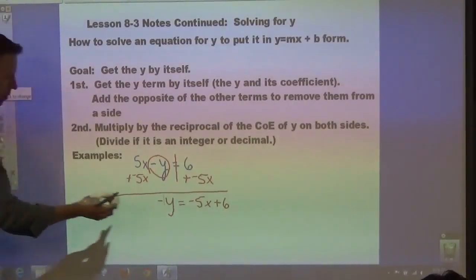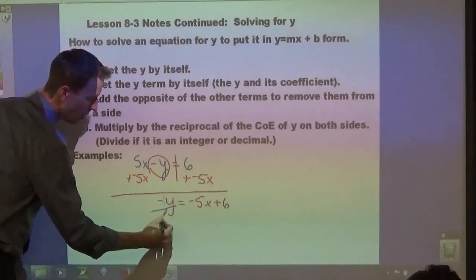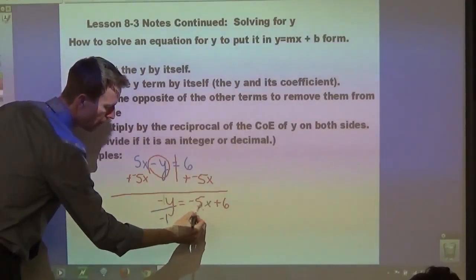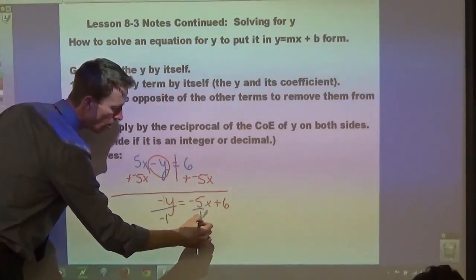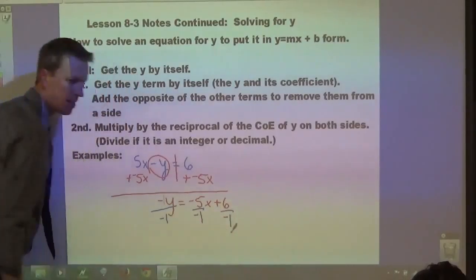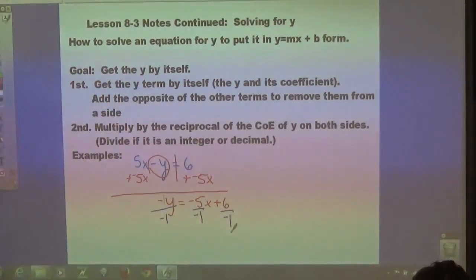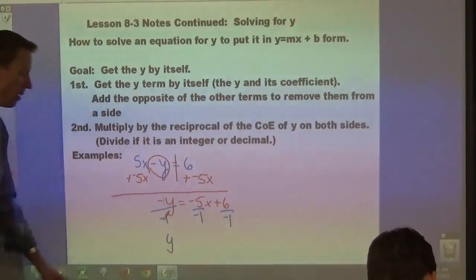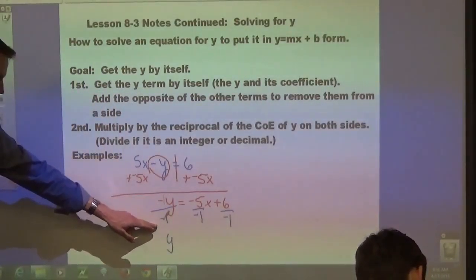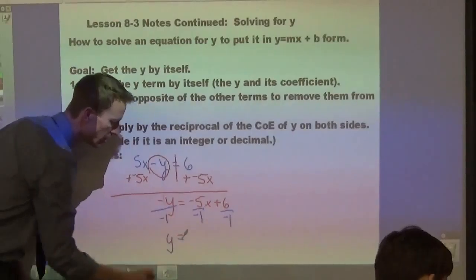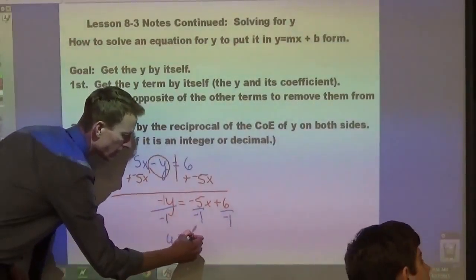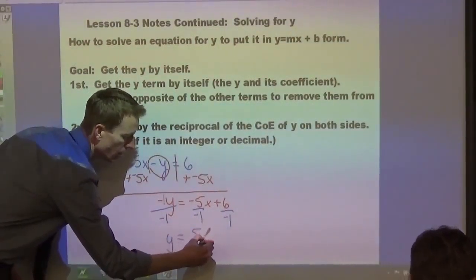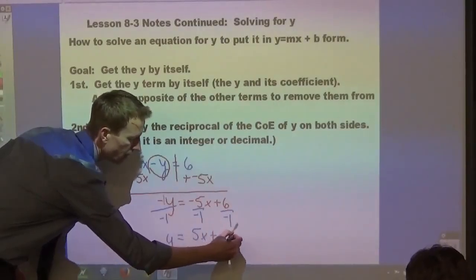In order to get rid of that negative 1, we can divide everything by negative 1, or multiply everything by negative 1. It's the same thing. Now, we have positive y, because negative over negative is positive, and that equals positive 5x plus negative 6.